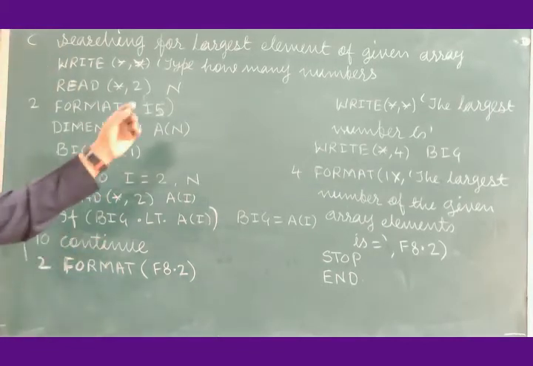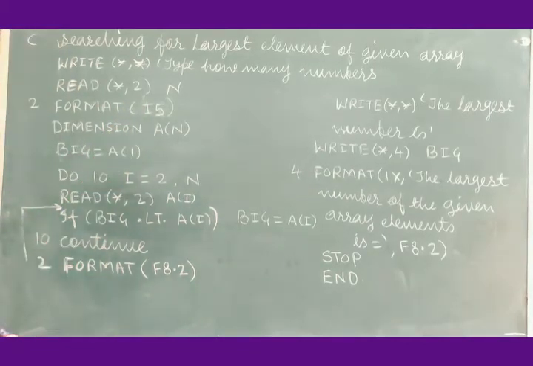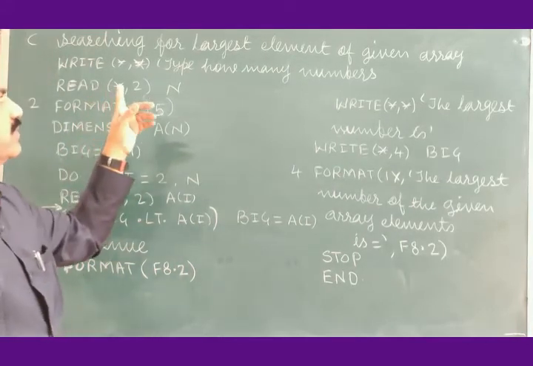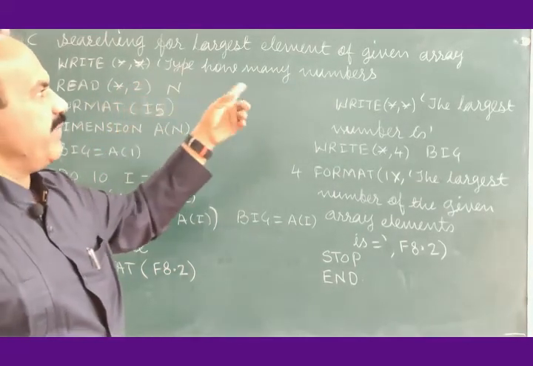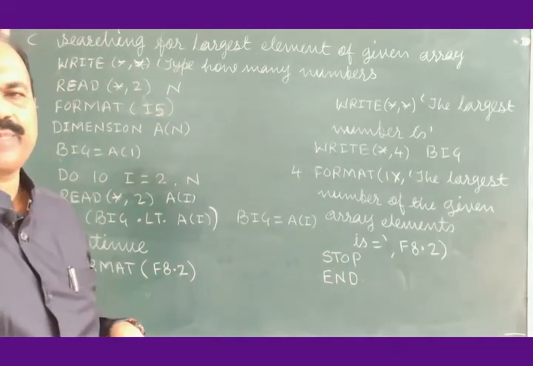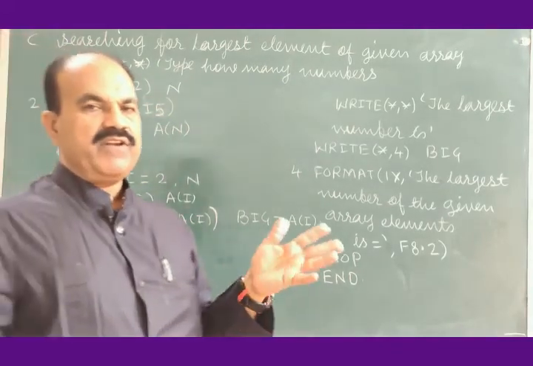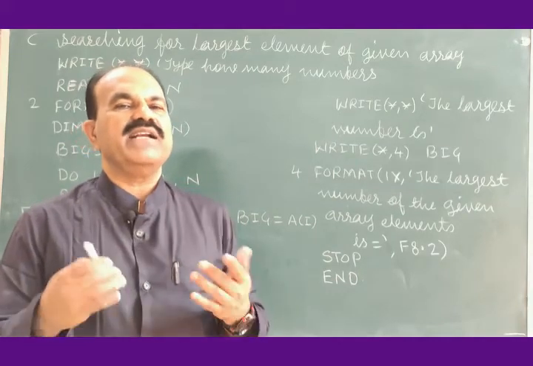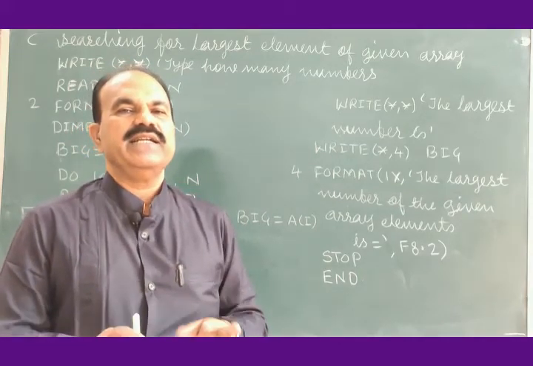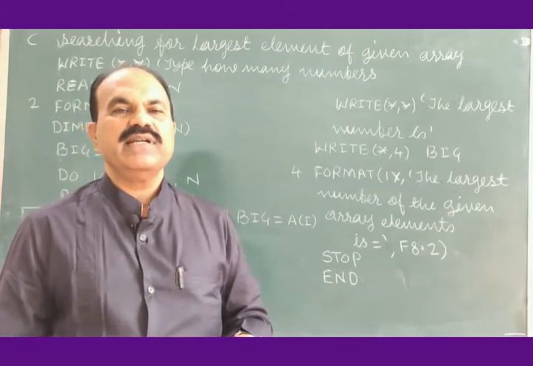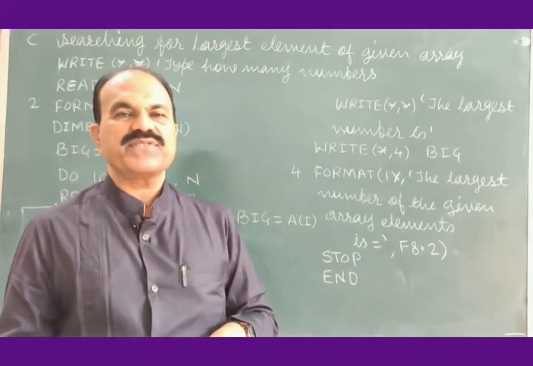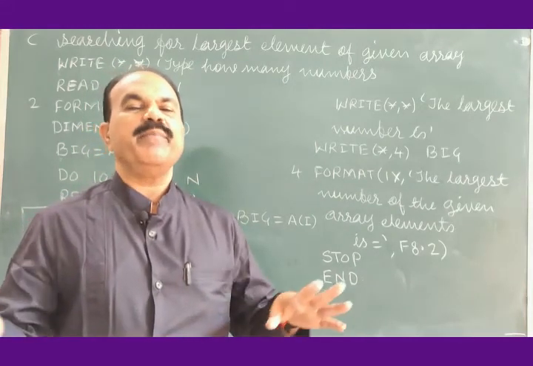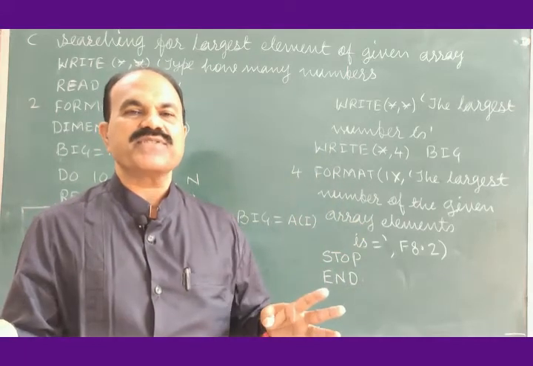So this is a sample program for searching the largest element of a given array. You are given a one dimensional array. This array may have 100 numbers, it may have 50 numbers, it may have 10 numbers, it may have 200 numbers.